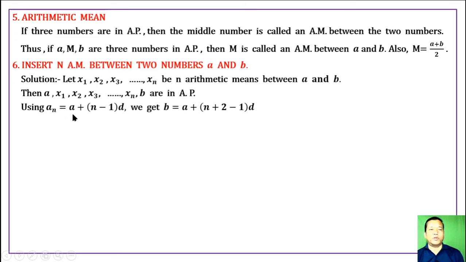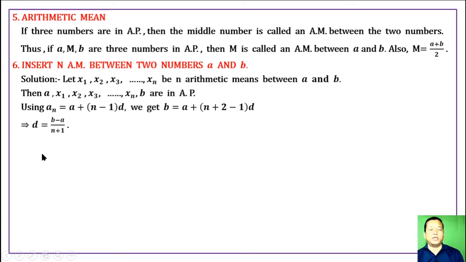Using a(n) equal to a plus (n minus 1) times d, we get b, the last term, equal to the first term a plus, with n plus 2 terms, (n plus 2 minus 1) times d, where the common difference is d. Solving for d, we get (b minus a) by (n plus 1).